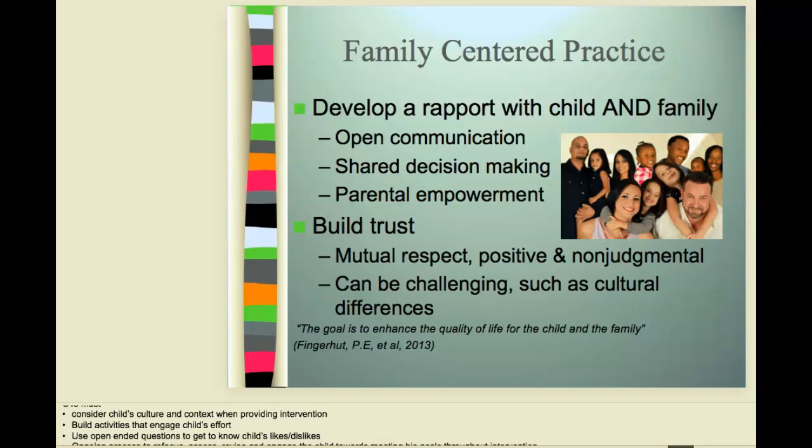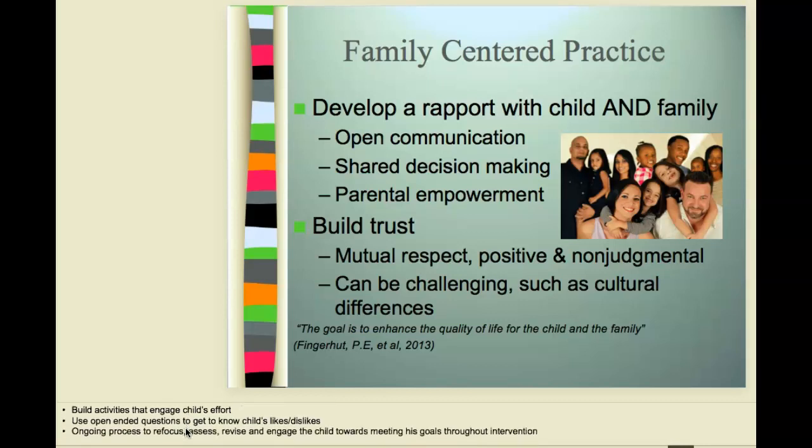And building respect, you will build trust if you respect the parents, wherever they're coming from, and be positive about their child. Part of the reason why we did the developmental chart in this class is because it's very important for you to know what are the next steps for the child. So letting them know that your child can do X, Y, and Z now, and these are the things that will be coming after.